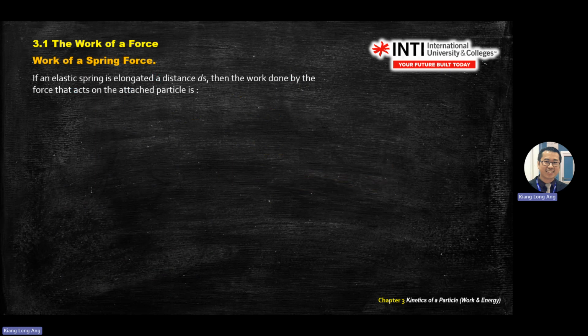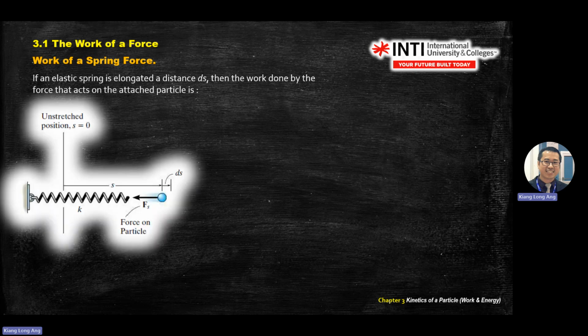Now we go into spring force. Spring force is also the same. You need to recall how to get the spring force: you take the spring coefficient multiplied by the distance traveled, and you get the spring force. Now, how to get the force?